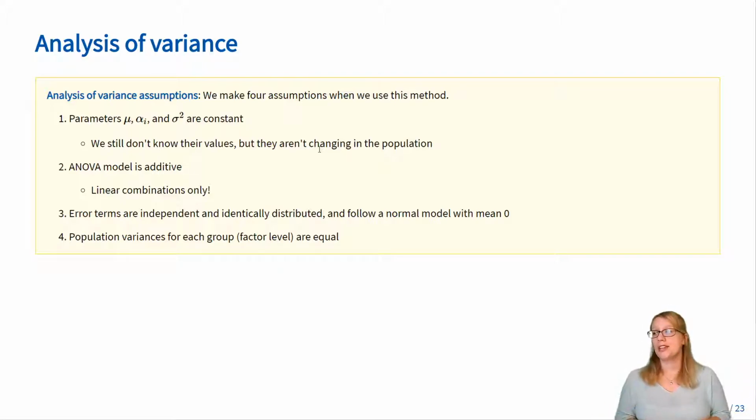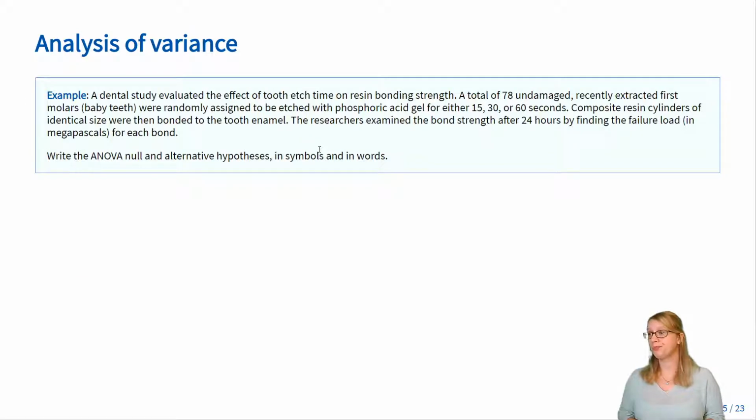They'll average out to 0. Here's our last assumption. Our last assumption is that the population variances for each group are equal. So that means that group A has about the same level of variability as group B, which has about the same level of variability as group C. Kind of like that equal variances assumption from the previous video.